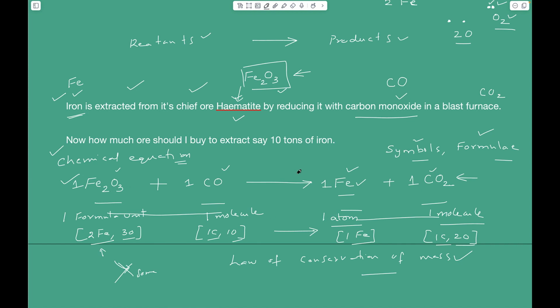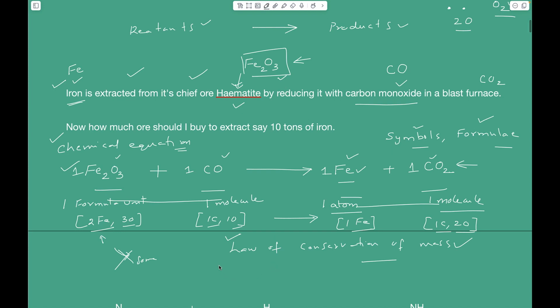So we have to correct this equation for two reasons. One is that law of conservation of mass cannot be violated during a chemical reaction. Secondly, there is no transmutation of atoms during a chemical reaction. That is, you cannot change atoms of one element into atoms of a different element during a chemical reaction.